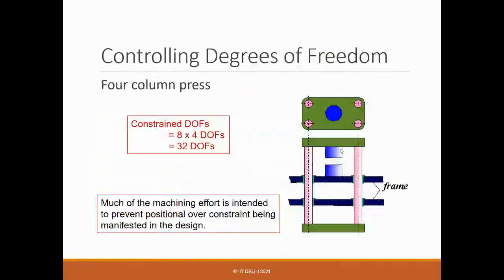And so over constraint. The number of over constraints is equal to 32 minus 5, because 5 is the requirement. So it will be 27 over constraints. So it's over constrained 27 times, 27 times extra.